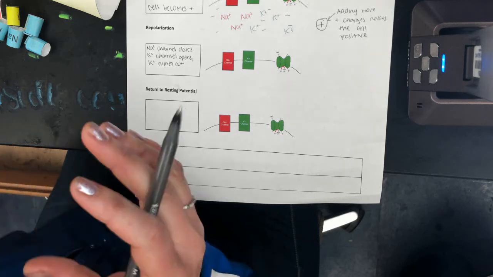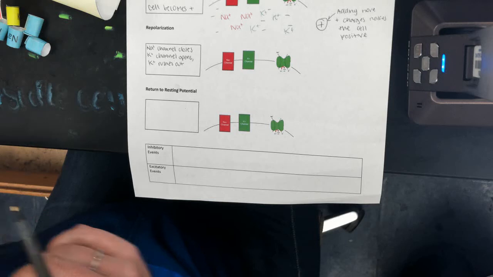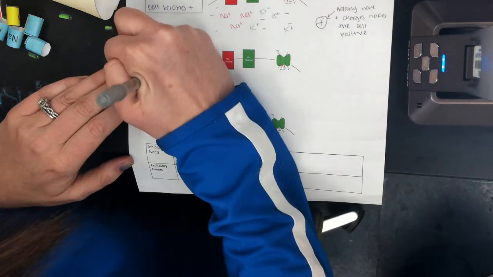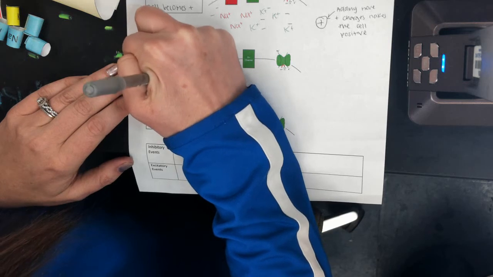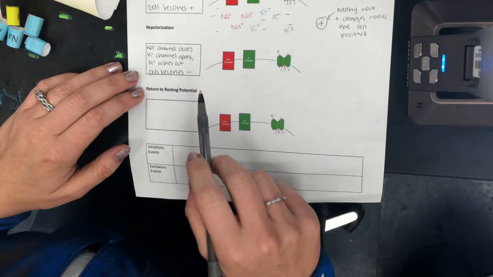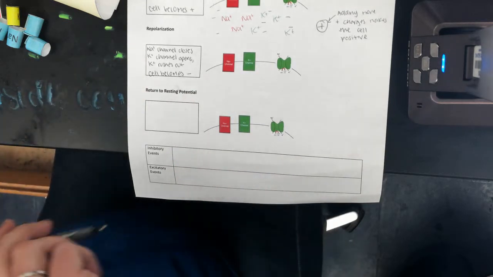So it's like money exiting your bank account, right? It's going to get closer and closer to a negative balance if you keep losing dollars. Same thing with these ions. So what's going to happen is the cell becomes negative. And again, I left out the part about hyperpolarization for simplicity purposes for these notes.